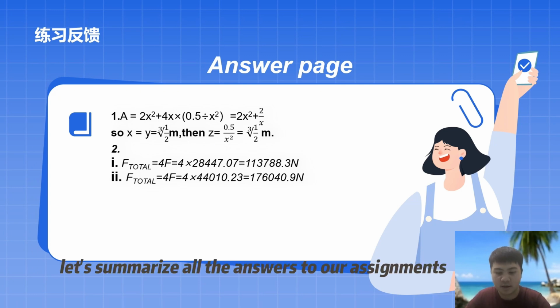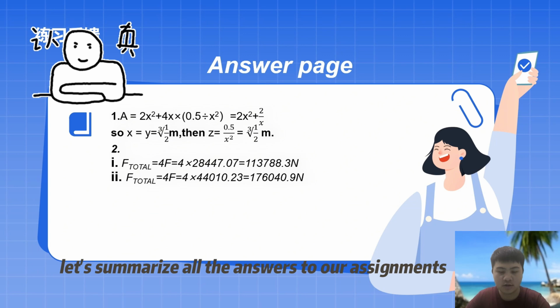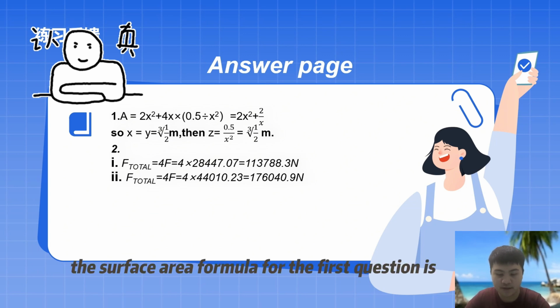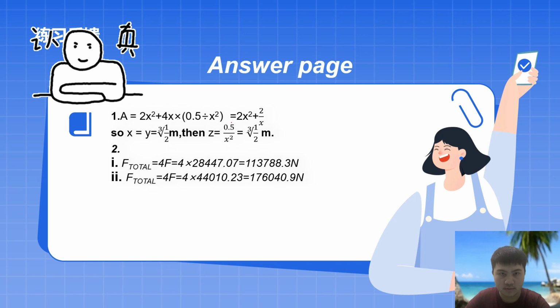Finally, let's summarize all the answers to our assignment. The surface area formula for the first question is 2x squared plus 2 over x, and the values of x, y, and z are obtained.